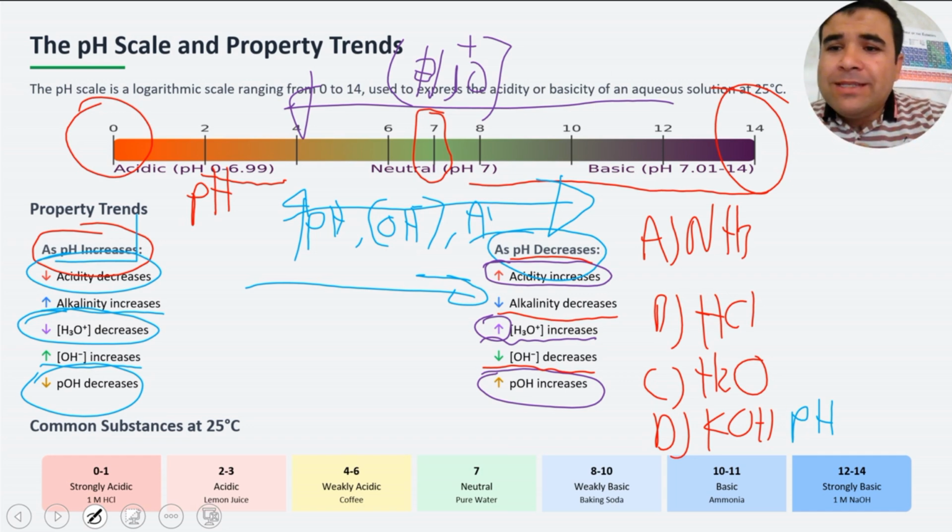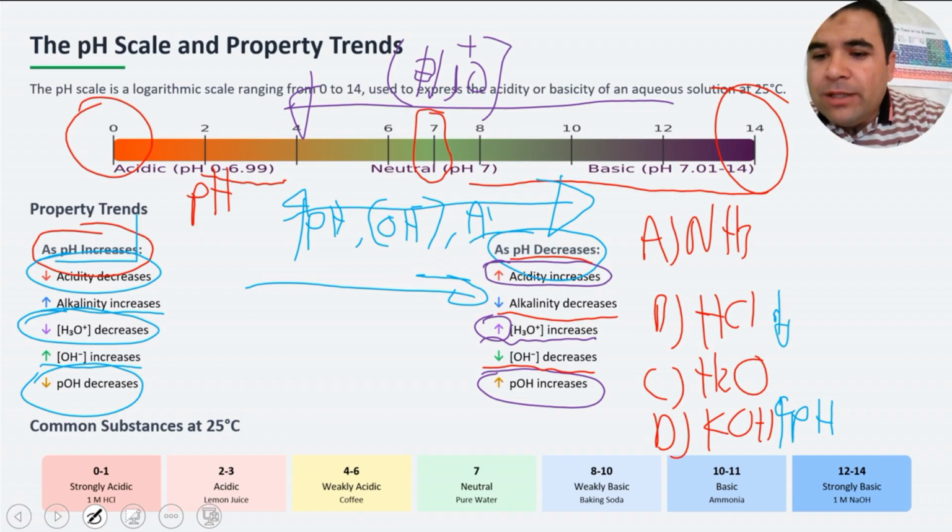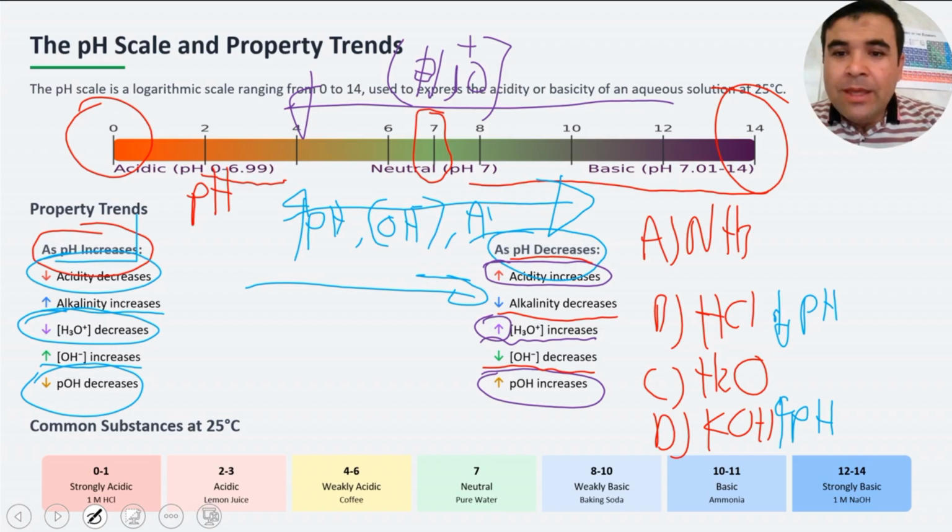Which of the following has the least pH value? Of course, the least pH value is HCl, because it's the most acidic. Which of the following has the equal pH with pOH and hydronium and hydroxide?